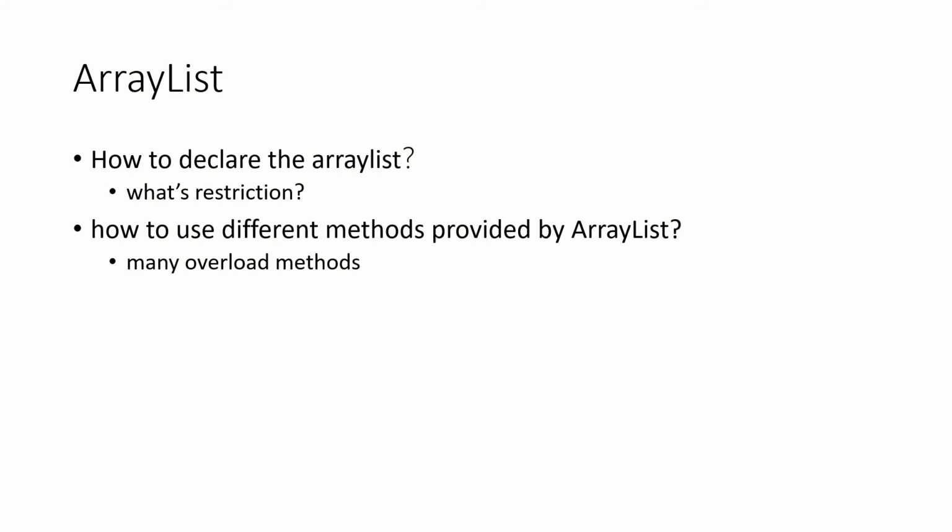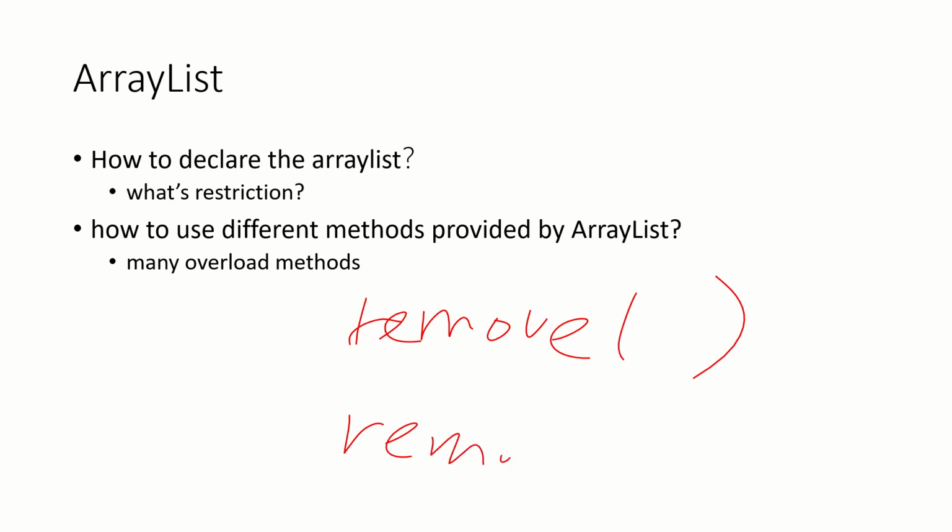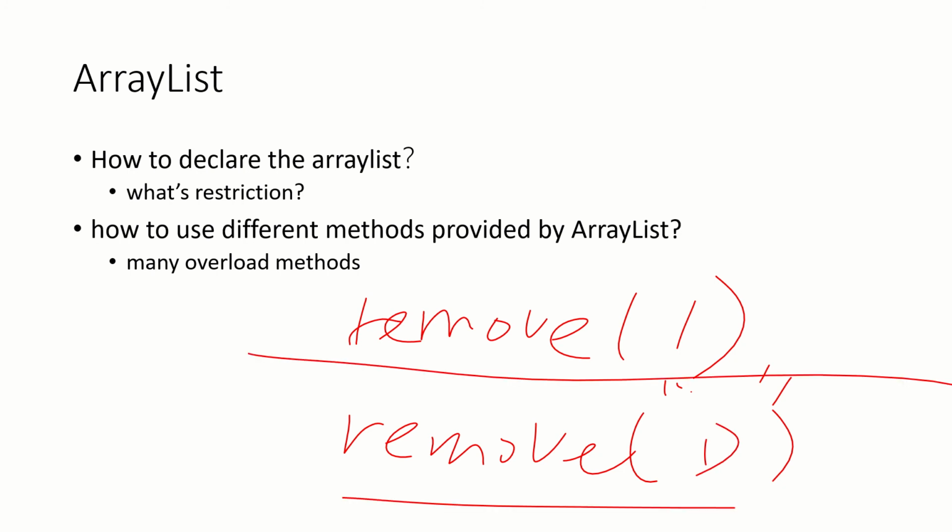Here, you need to understand the difference between them. For example, remove. There are two remove methods. One uses an index, for example, 1. Another uses the object. For example, this array list is using a string. We try to remove the D. What's the big difference for this one?